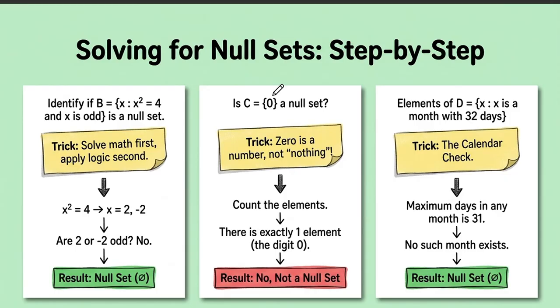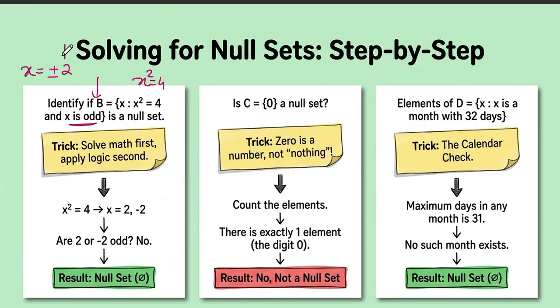Look at the examples. One example we have already seen. This is a second example: B is equal to {x such that x squared is equal to 4 and x is odd}. First of all, this is given in set builder form. If we convert it to roster form, x squared is equal to 4. If we solve this, we get x is equal to plus or minus 2. Square root of 4 means plus or minus 2.